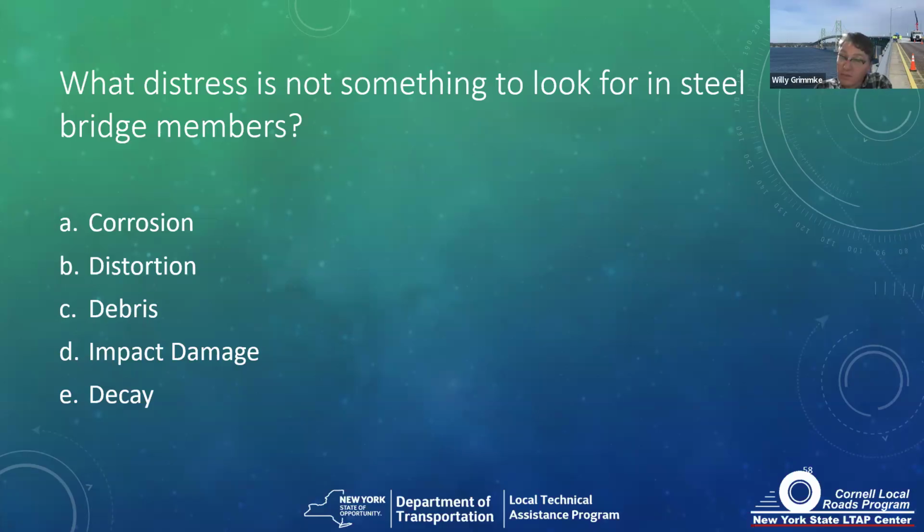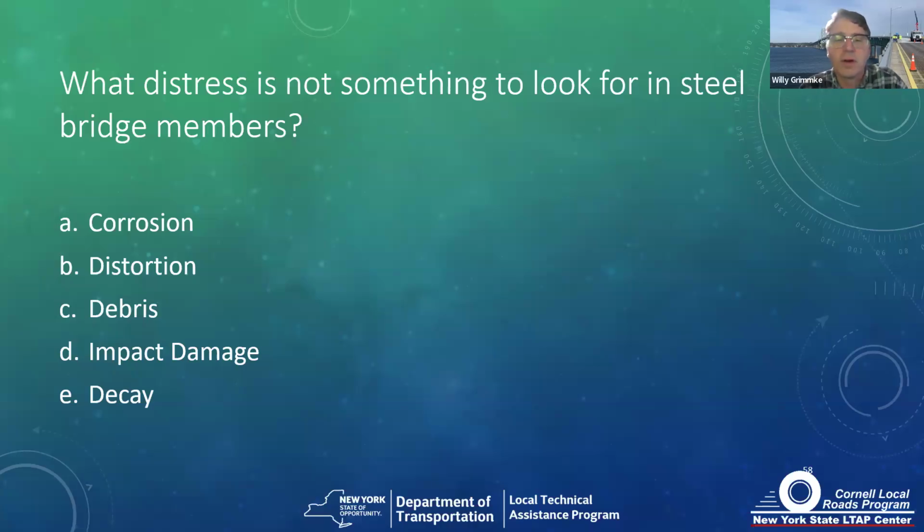Debris is something we need to look at accumulating on steel because accumulated debris will also collect moisture and tend to accelerate corrosion and coating damage. This is particularly an issue on trusses where we have nooks and crannies at the gussets.